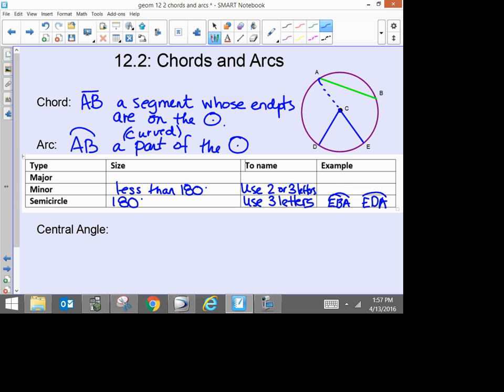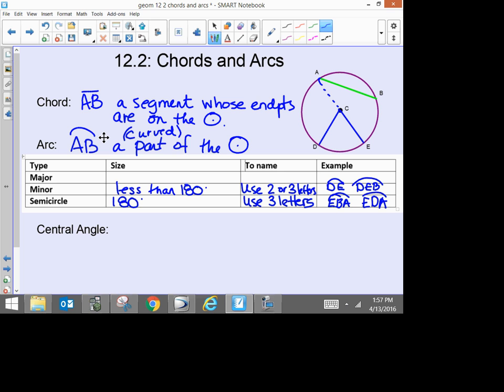But you can use 3. 3 does not automatically mean it must be a big one. It's not. So, okay, give me an example. Rachel. Arc DE is definitely smaller than 180. Carly? DEB. DEB. Okay, so those are 2 good examples.